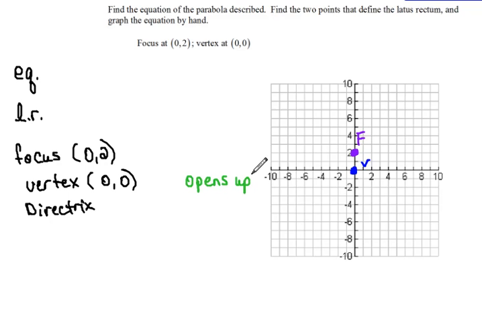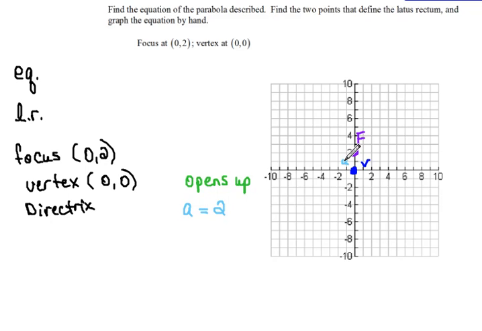We also know that there is something important about the distance from the vertex to the focus. The distance from the vertex to the focus, that is that a distance. So we know right now that a equals 2.